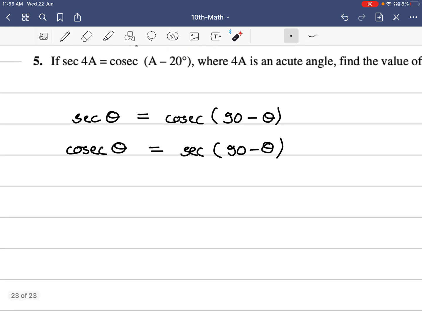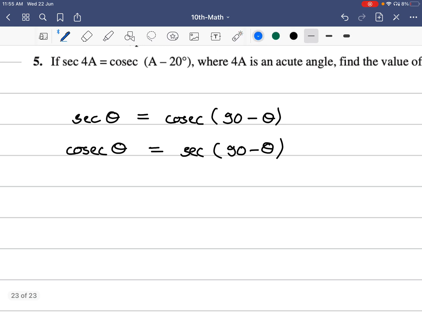Okay. So now, once again, we begin with LHS. The left hand side of the equation is equal to sec of 4A, and sec of 4A can be written as cosec of 90 minus 4A.